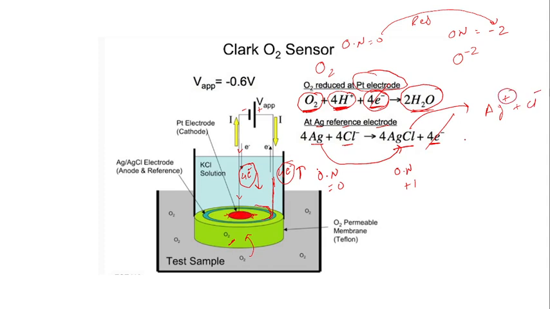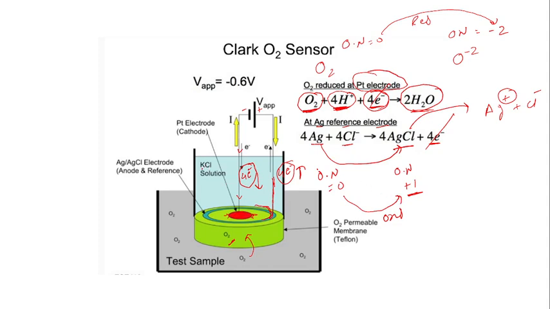So it is positively charged, so its oxidation number is plus 1. Here 0 to plus 1, so the oxidation number is increased. So this is the oxidation reaction, so it is oxidized. So at the platinum electrode reduction is occurring, whereas at the Ag electrode oxidation is occurring.